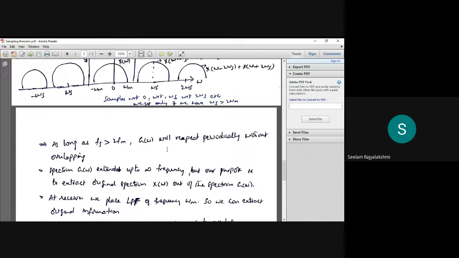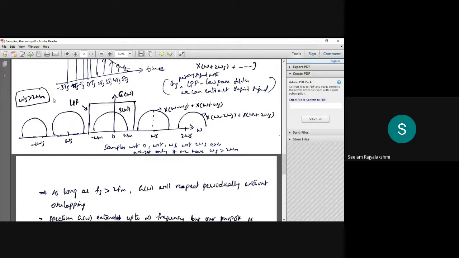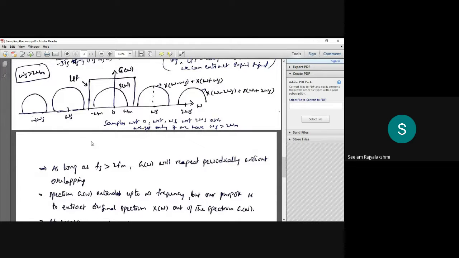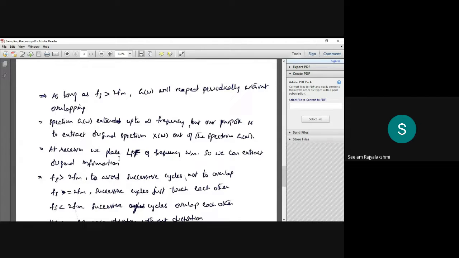At the receiver, by using a low pass filter of frequency omega m, we can extract the original information.